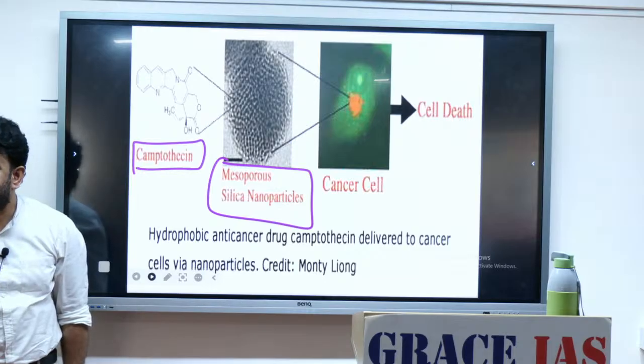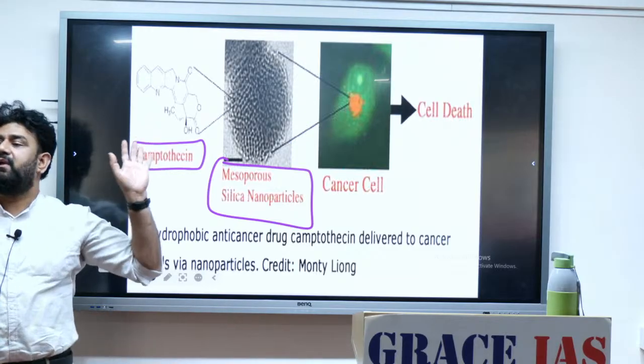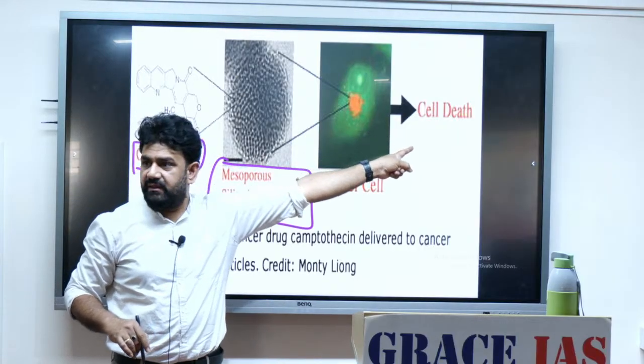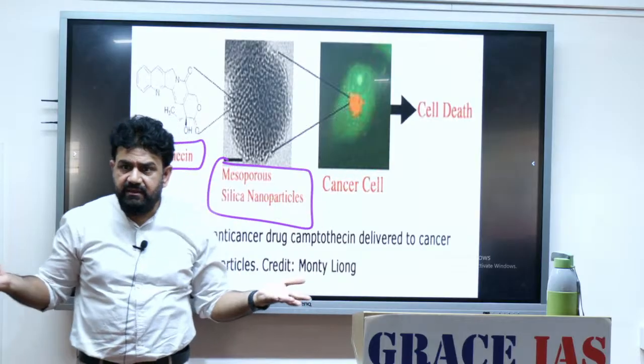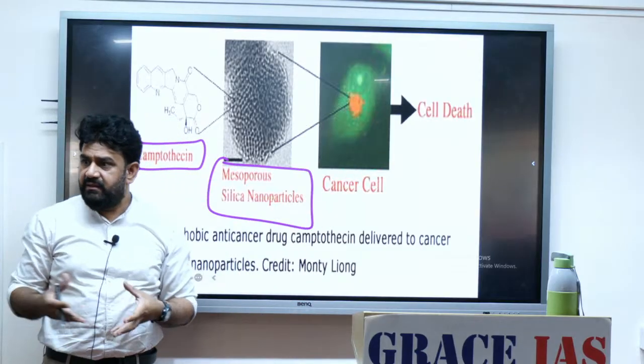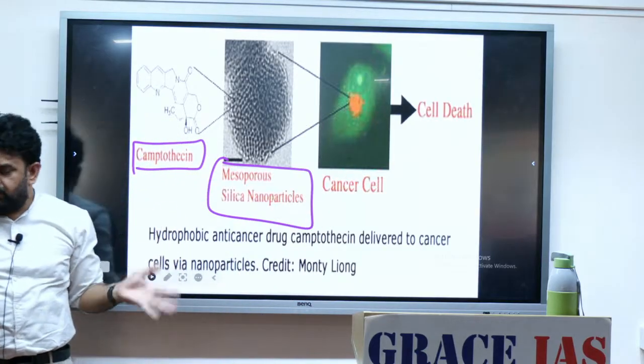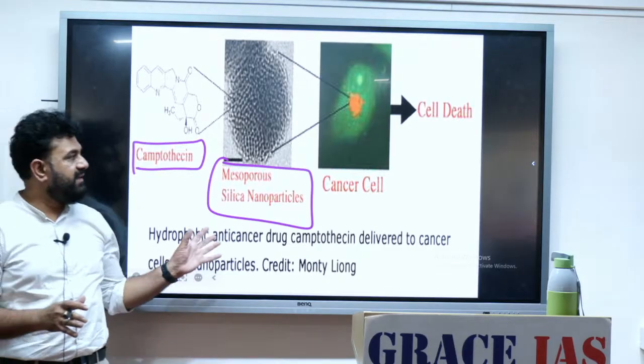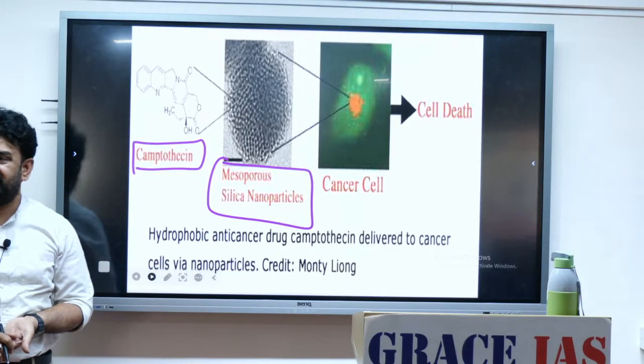No side effect. A person will be absolutely normal and the cancer cell dies. Can you see all those things here? Cancer cell dies, you are healthy. Simple, no side effect, nothing, nobody would know, and you wouldn't experience any discomfort. Safe, easy. That's completely a game changer, isn't it?